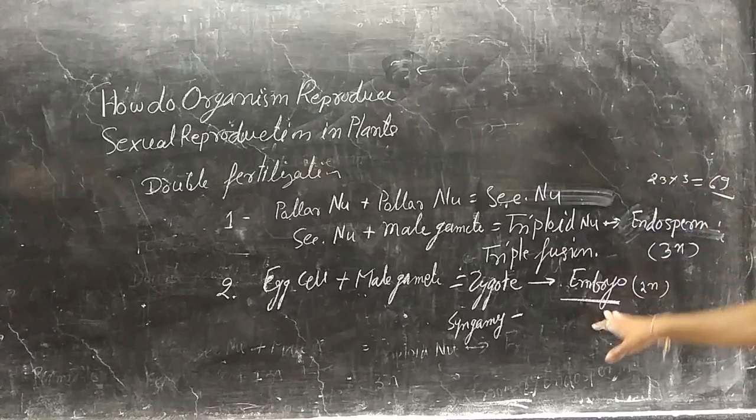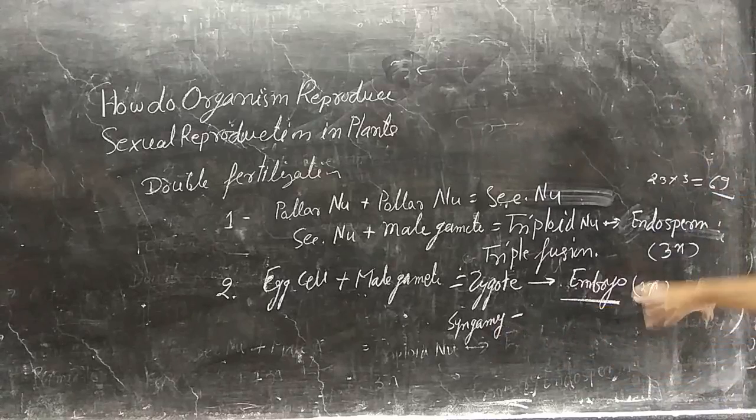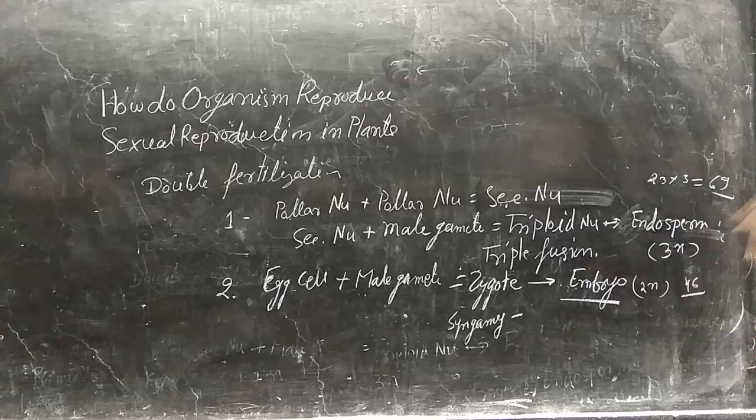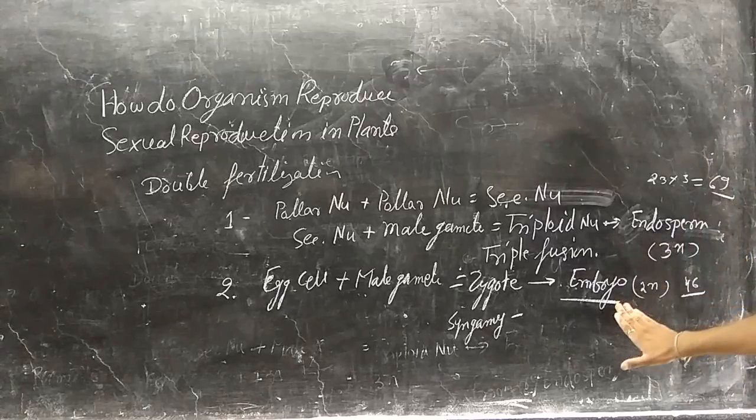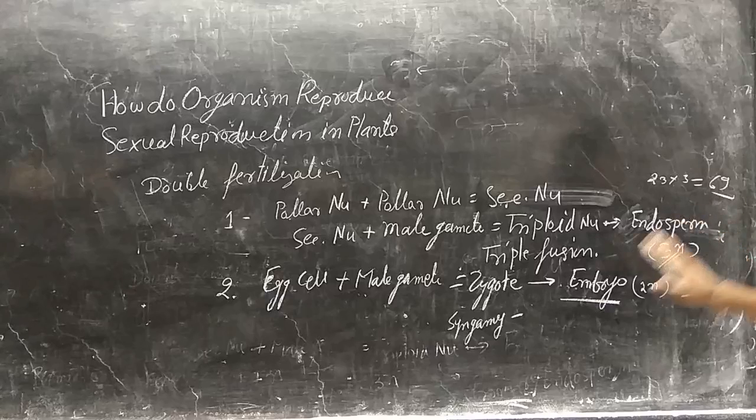All other portions, like root, stem and leaves, contain 46 chromosomes. That is the 3n and 2n. The endosperm is utilized by the developing embryo, meaning it provides nutrition to the developing embryo.